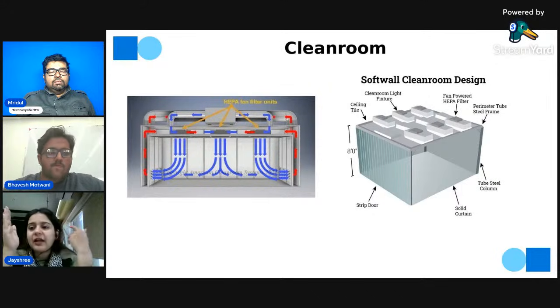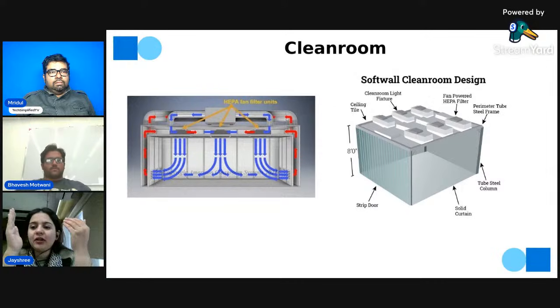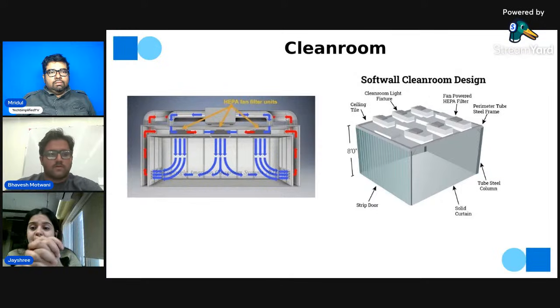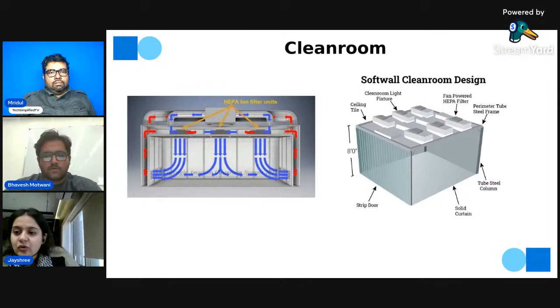So as we are entering class 10, class 11, the room is clean, but still there are certain things. This is a soft-wall cleanroom design.